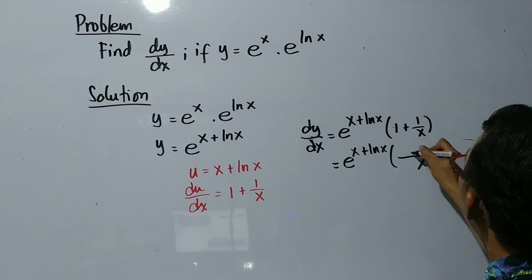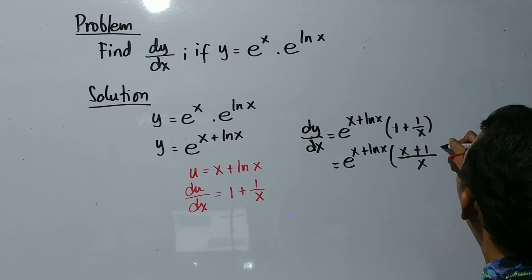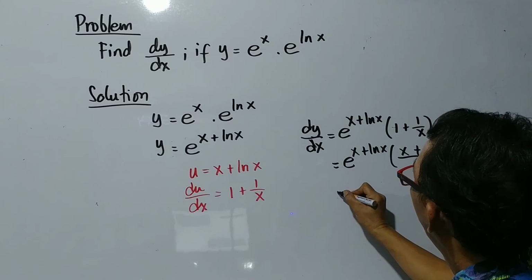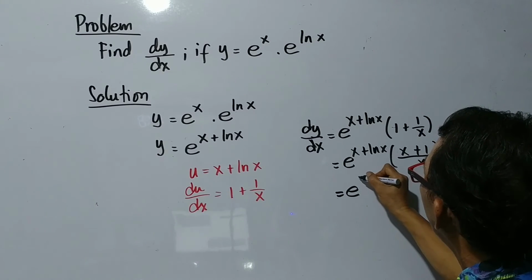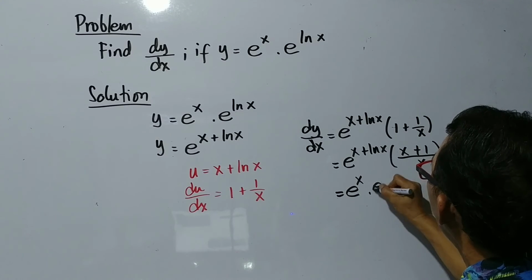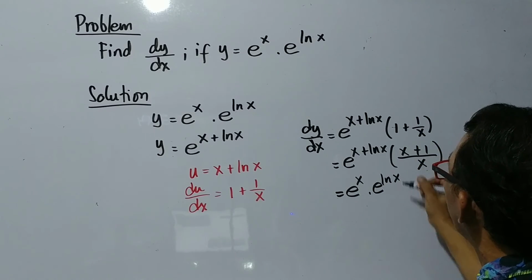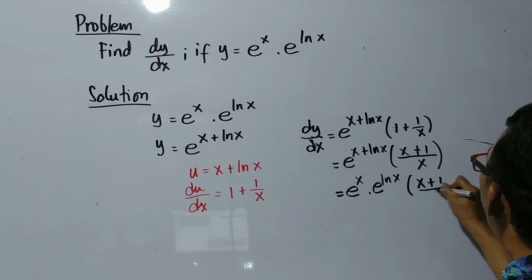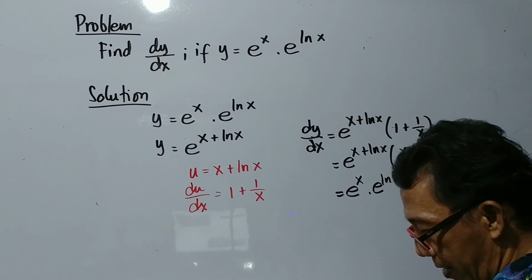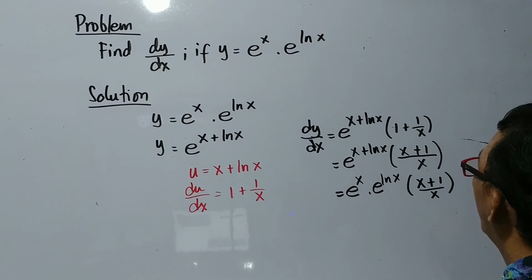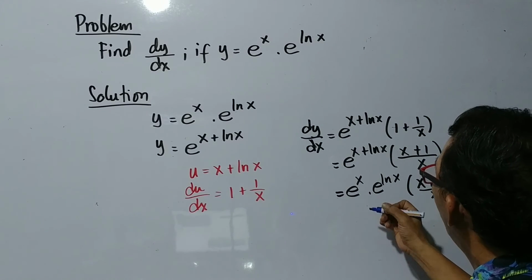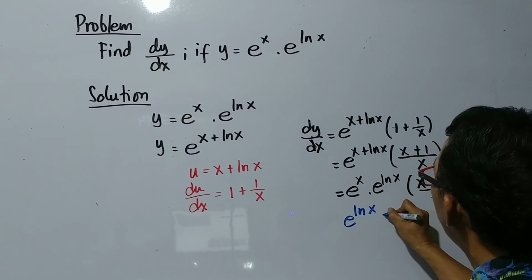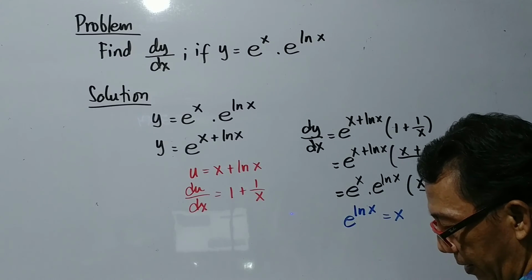Your LCD is x, you have x plus 1. And here, we can say it is e to the x times e to the ln of x times x plus 1 over x. Again, from trigonometry, e to the ln of x is equal to x.